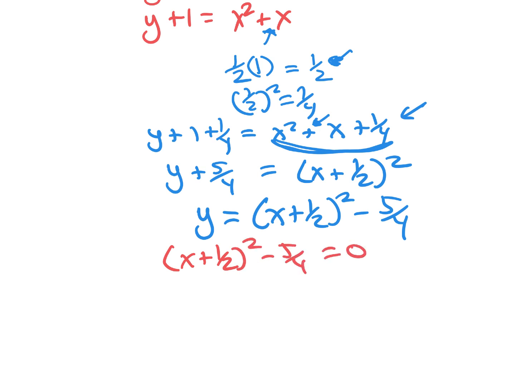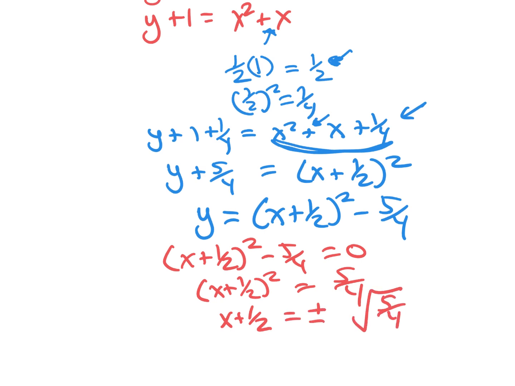There is absolutely no need to FOIL that x plus a half squared out. Instead, it's already in a nice form. So isolate that squared piece. And how do you get something out of squared? You take the square root of both sides. You just have to remember plus or minus. So x plus a half equals plus or minus the square root of 5/4.